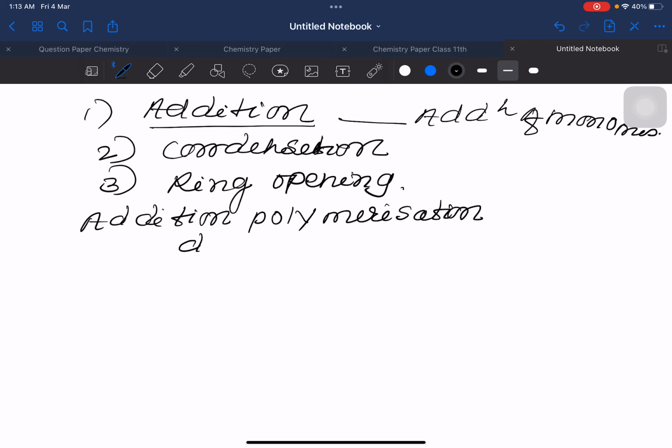Compounds containing a double bond undergo addition polymerization.